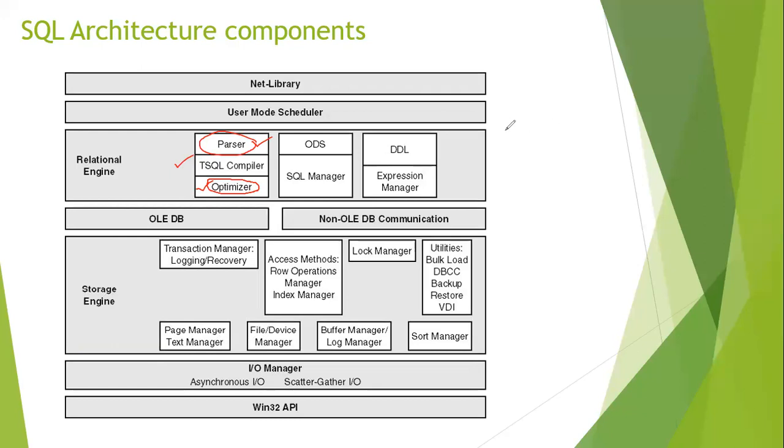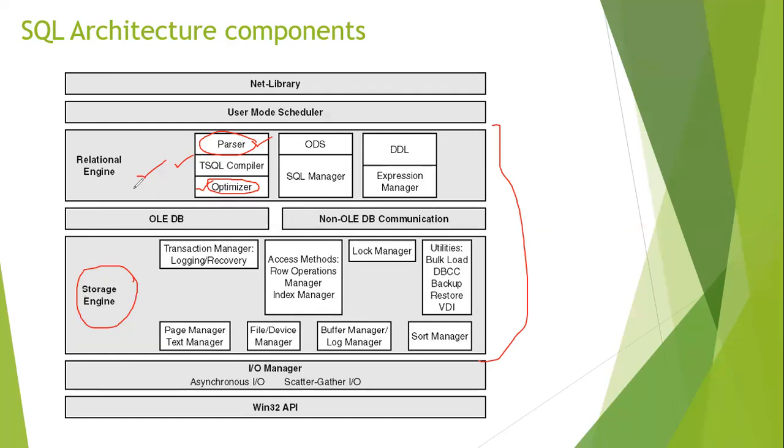So this part, the relational engine and even the storage engine, whatever we have, these are all in memory, right? If you restart the SQL instance, you will not have any data in the relational engine, but in the storage engine you will have data which will be removed if you restart the SQL instance.